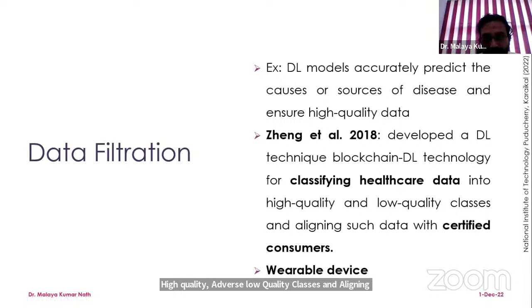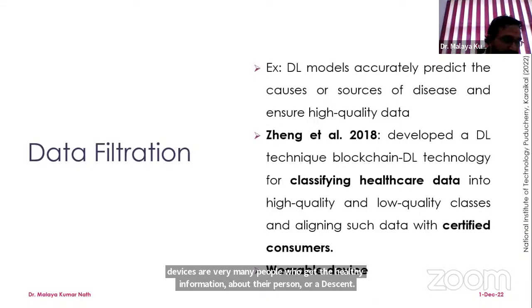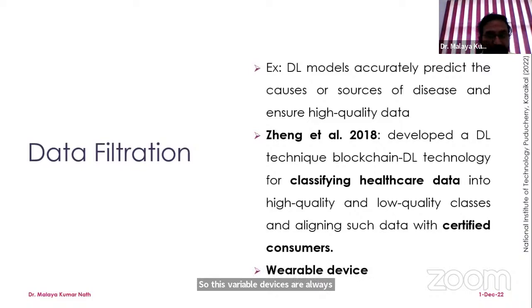Basically, he has divided the data into high quality data and low quality data by using blockchain in deep learning technology. When he is using this technology, he is taking the data from different organizations, and the high quality and low quality data get separated. Why is this separation very important? Nowadays wearable devices are very popular to get the health information about a person or a patient. These wearable devices are always connected with the patient and continuously streaming the healthcare information to the servers.